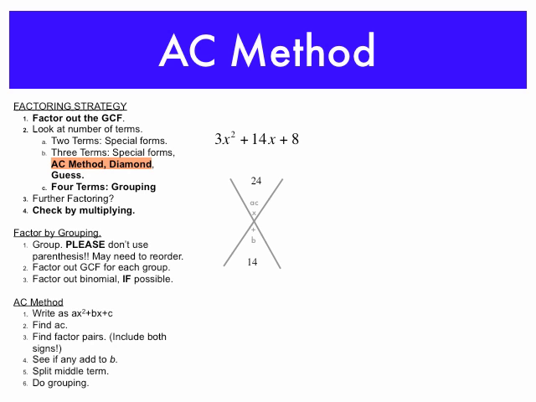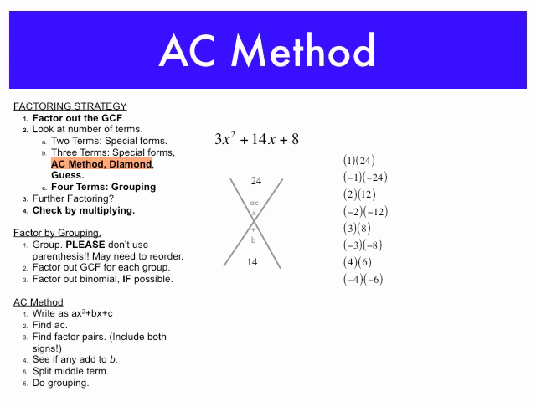Now I want to find two numbers to put on the sides. I want these two numbers to multiply to give me 24 and add to give me 14. Can you think of two numbers that multiply to give me 24 and add to give me 14? If you can, great, but if not, let's just list them all and see what they are.